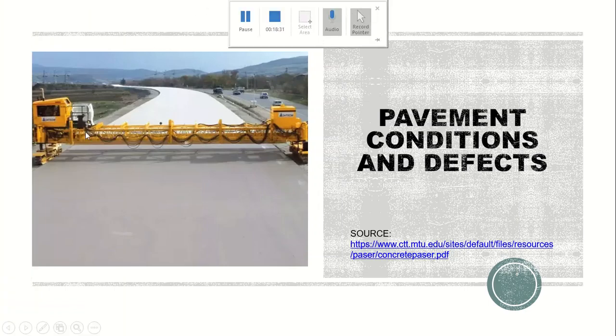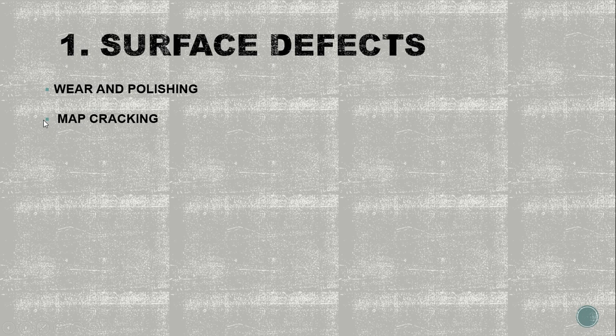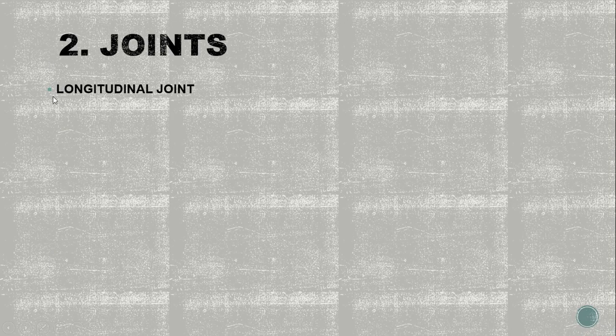The pavement conditions and defects. First is the surface defects, which include the wear and polishing, map cracking, pop-outs, scaling, shallow reinforcing, and spalling. Another one is the joints. These defects include the longitudinal joint defect and the transverse joint defect.